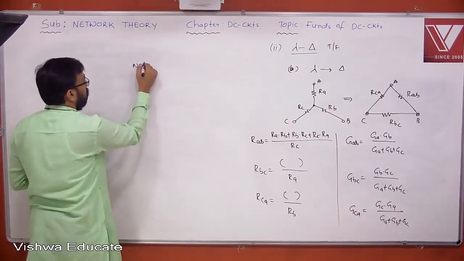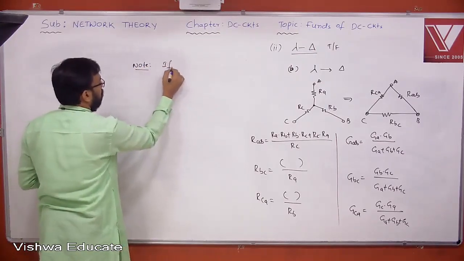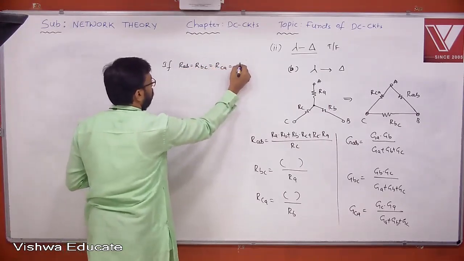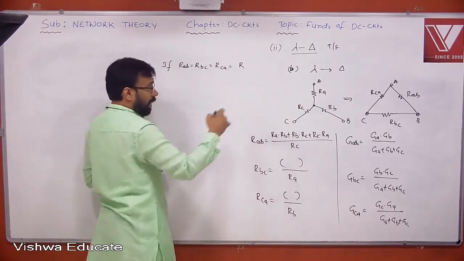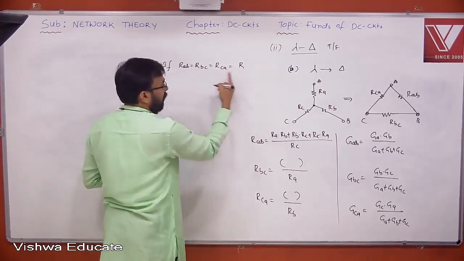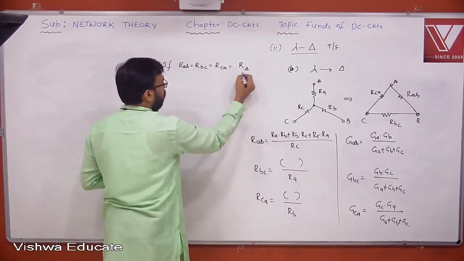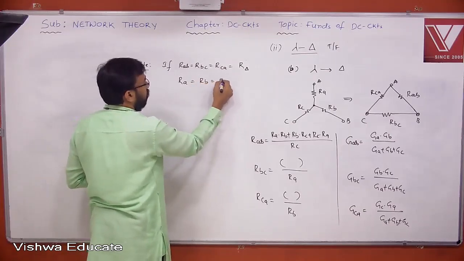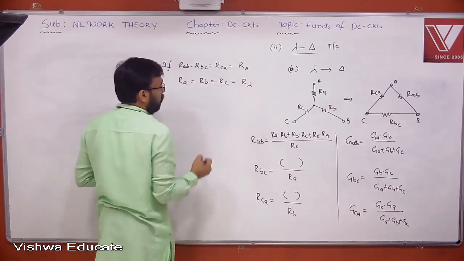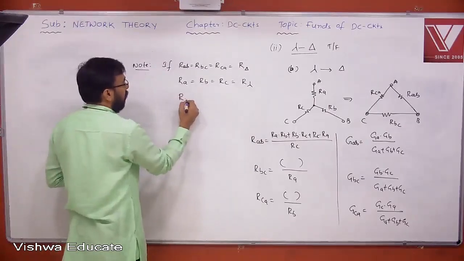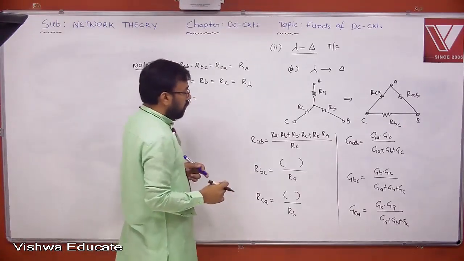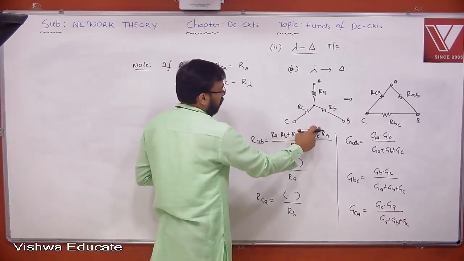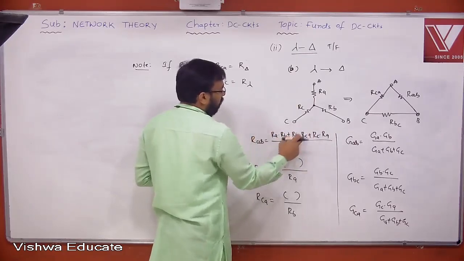Note, if RAB is equal to RBC is equal to RCA, because this is a delta element, if all these delta elements have the same value, that is R delta, and RA is equal to RB is equal to RC is equal to R star, then we can write R delta is equal to R star square, R star square, R star square, 3R star square by R star.